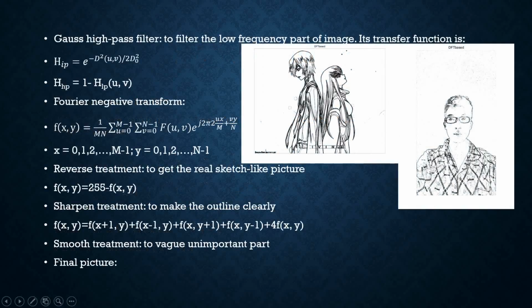Then it uses a Gauss high pass filter to filter the low frequency part of the image, so we can get the outstanding part, the outline of the object. Then it uses a Fourier negative transform to make it back to a picture.